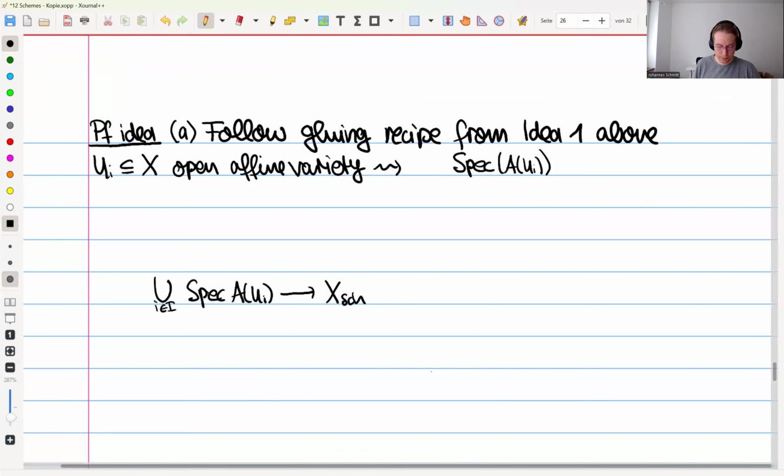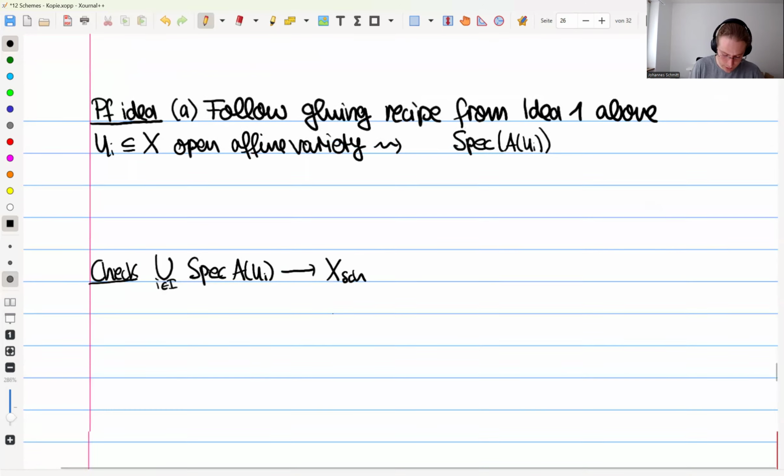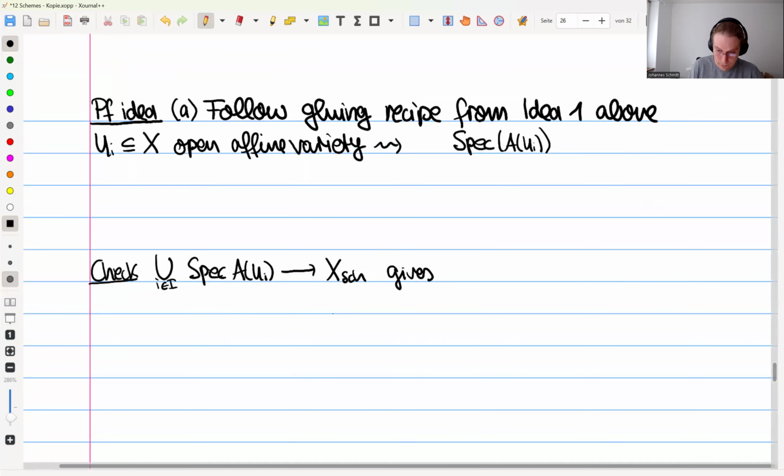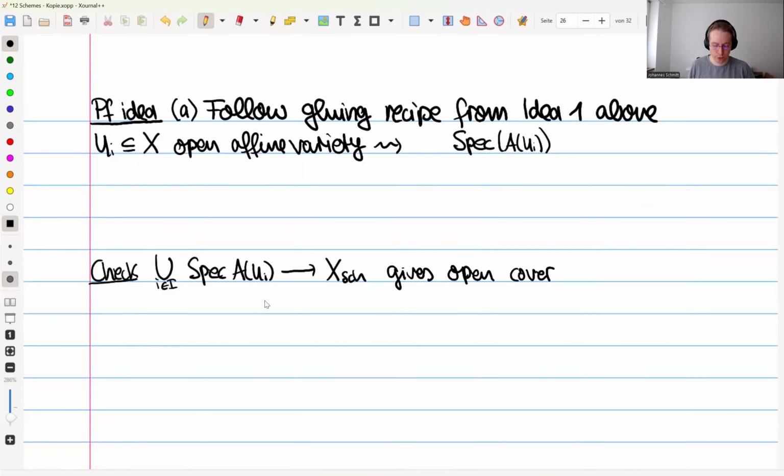This is where we want to land, because then what we will check is that if X has this open cover by affine varieties U_i, then the X scheme will have this open cover by the spectra, and this is what we need to prove in order to prove that it's a scheme. And so we need to define what this map is.